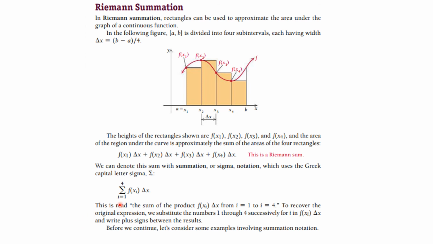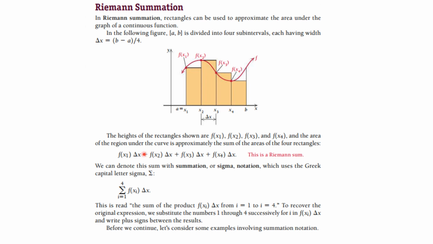What we do is we start and we're saying, okay, we're going to add them up. Let i be 1. When i is equal to 1, we get f of x1 times delta x. That's this part. And then we say, now we'll take i to be 2. This is f of x2 times delta x. And then we say let i equal 3. This is f of x3 times delta x.